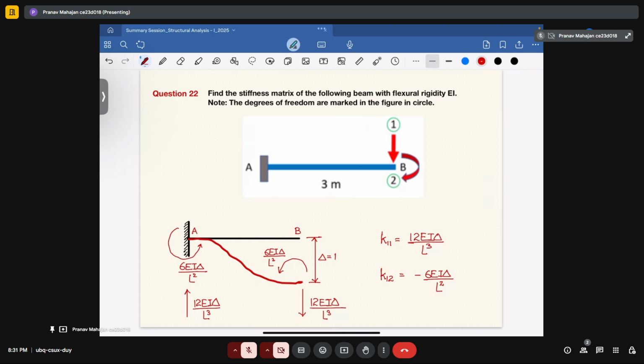Okay, so your 2 by 2 matrix can be calculated using the following concepts.